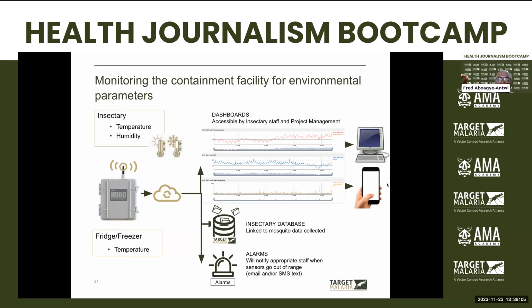And when they should exceed these limits, an alarm is triggered that makes sure that measures are always taken to keep the temperature and the humidity within the required ranges. Next slide, please.